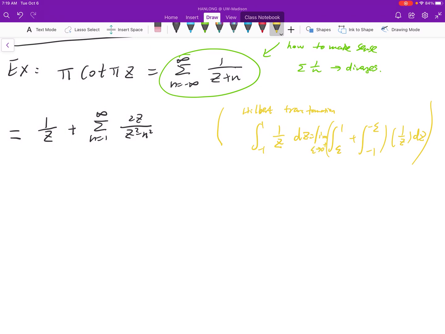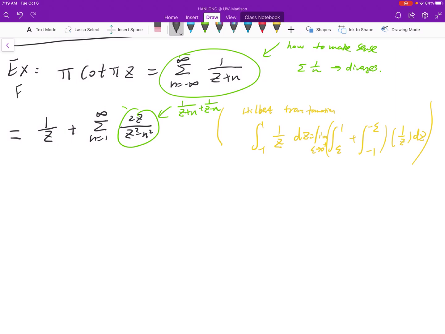Here, same way. This is 1 over z plus m plus 1 over z minus m. You just match them up together. Okay, then we have the following property.